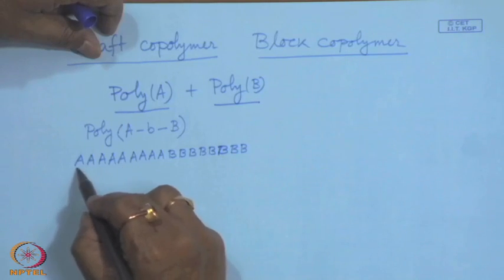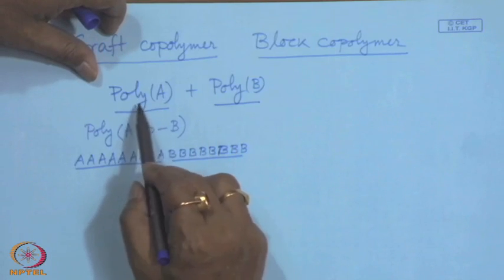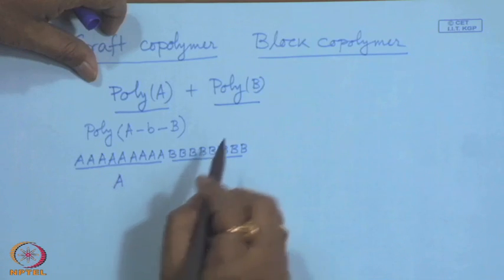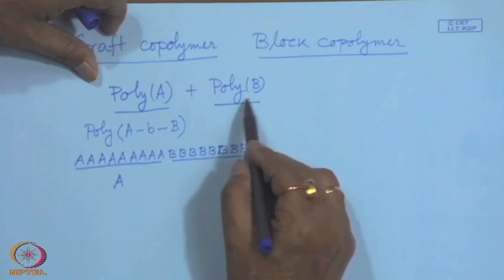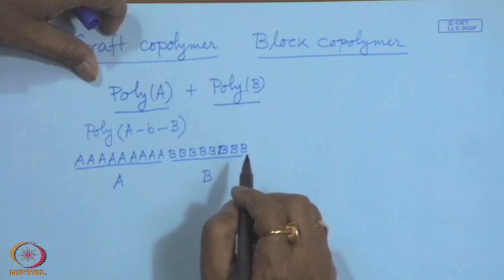Like this, A block, B block, and the base component polymer is made of A monomer, and the other component polymer contains B monomer.